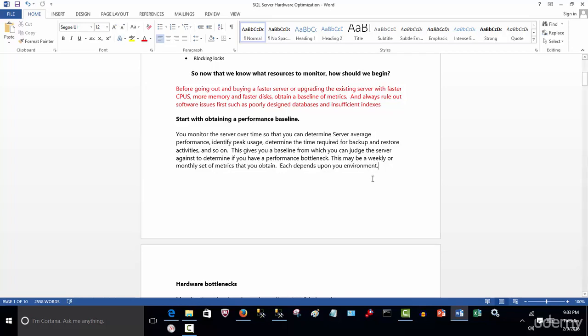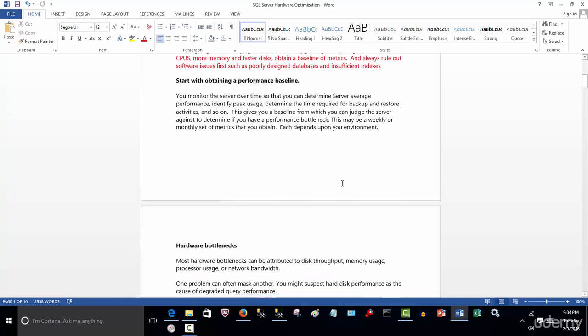And as time goes by, 6 months later or a year later, when you're doing comparisons, you can see the gradual increase of the saturation of the CPU, and it's a great tool to have for your upper management, to say, hey, in the last year we've worked our CPU, and we need a faster CPU. And then you can justify the upgrades. So this is a great way of monitoring it. So I'm going to show you now the few counters you use for a baseline for CPU.